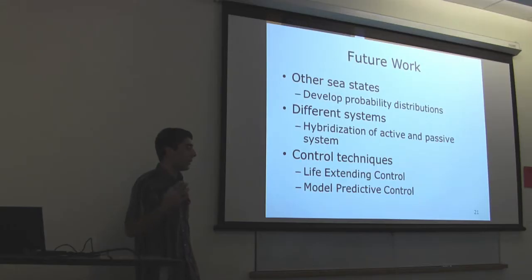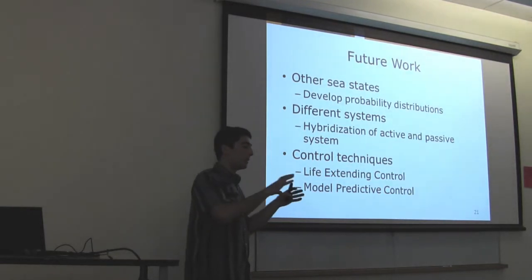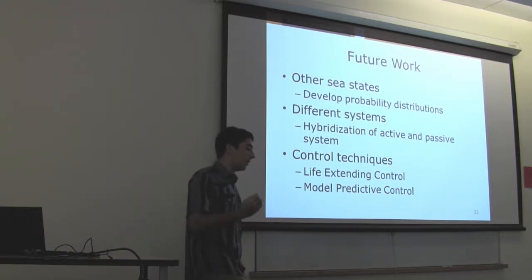Can you get a better gain? Also look at other control techniques. We used a simple linear quadratic tracking controller, but there are other more sophisticated controls where you might be able to balance damage that you might see or actuator limits in the control strategy directly.